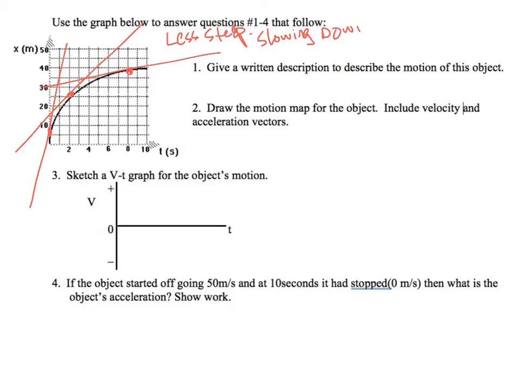Now, what direction is it going, though? Well, these slopes, that's a positive slope, that's a positive slope, that's a positive slope. On a position-time graph, which way the line is tipped tells you the direction.